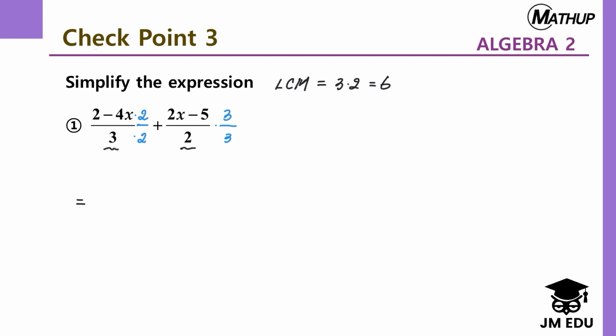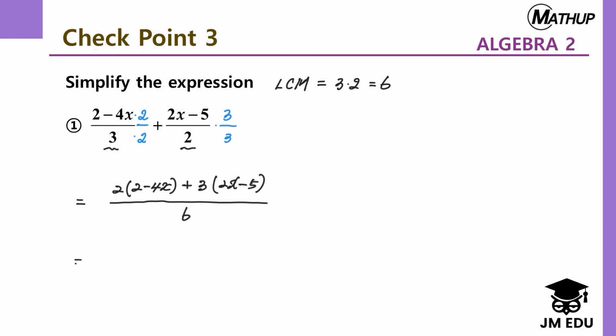So our expression is 2 times, use a parenthesis, 2 minus 4x, plus 3 times parenthesis 2x minus 5, and 2 times 3, our common denominator is 6.